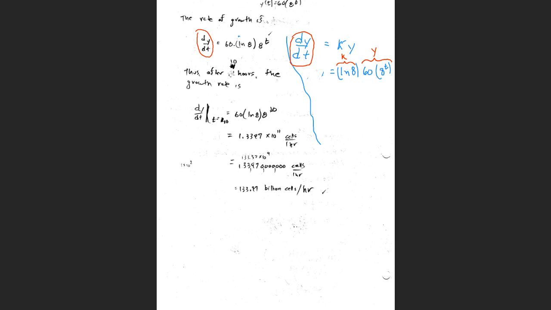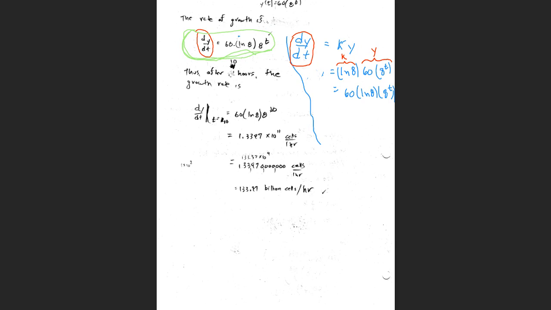So that's how I come up with this statement here, that dy/dt is, well, I can do a little rearranging here. This equals 60 times the natural log of 8 times 8 to the t power, right? And so that's how we end up getting this statement here.